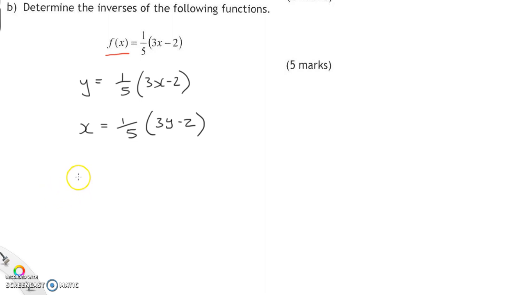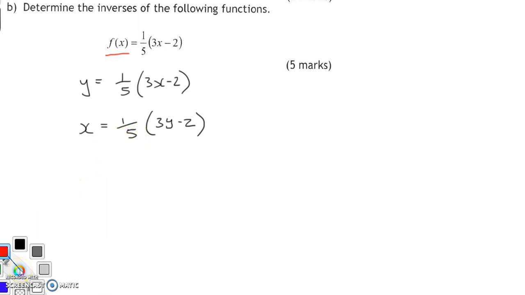And then our next task is we're going to solve this for y, which means we want y on its own. So this is 3y minus 2 here. To solve this for y, first of all I'm going to multiply both sides by 5.